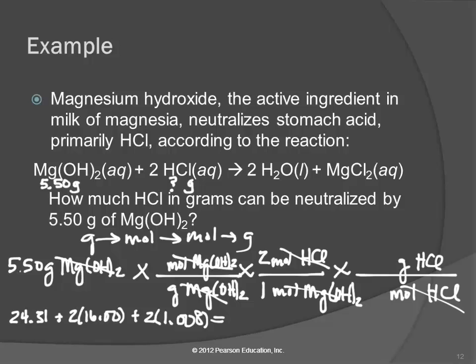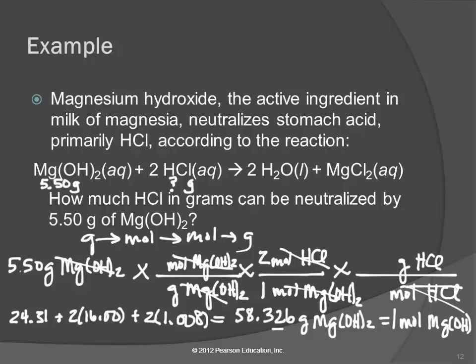So 24.31 plus 2 times, plus 2 times, and I get 58.326 grams. Now this part, do you have to write this part out? Grams of this equals moles of that? Not necessarily, but I just want to be clear so that if you come back and refer to this, you'll know where you got that number.